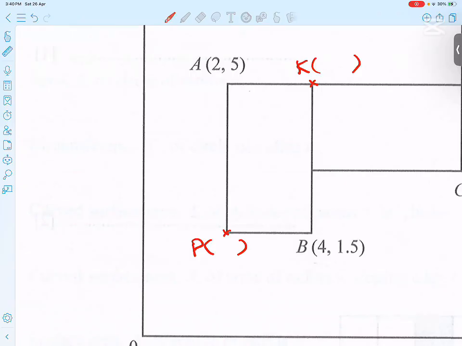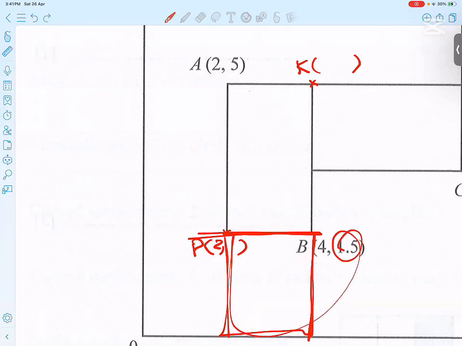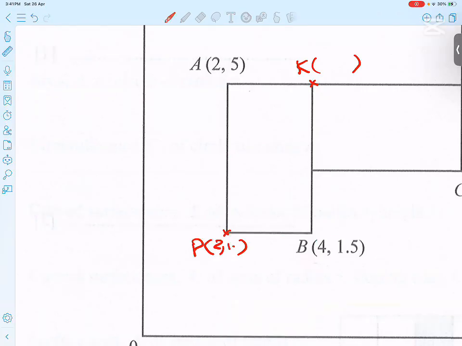So if I ask you what is the X coordinate throughout the line, common sense, the X coordinate never changes. So what is the X coordinate? 2. So the X coordinate is confirmed 2 here. And the height of this is the same as the height of this, so this Y coordinate is 1.5, same 1.5 here.